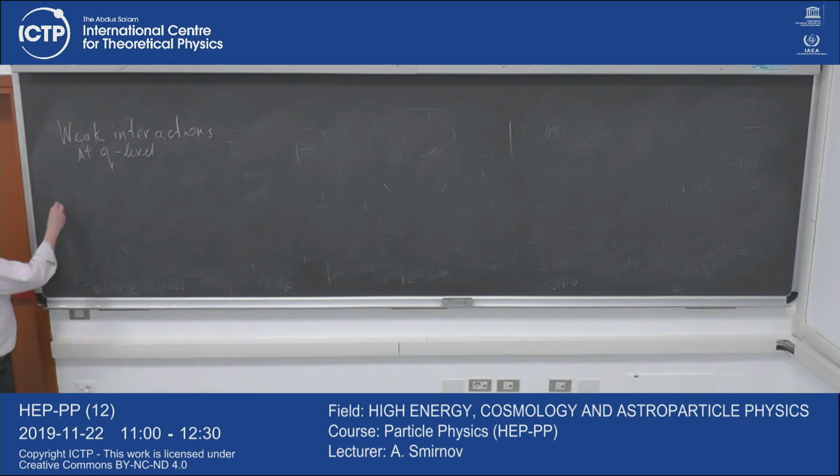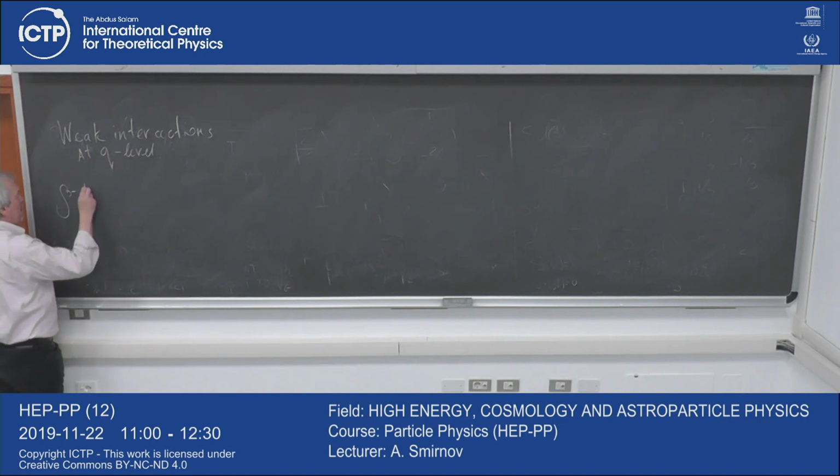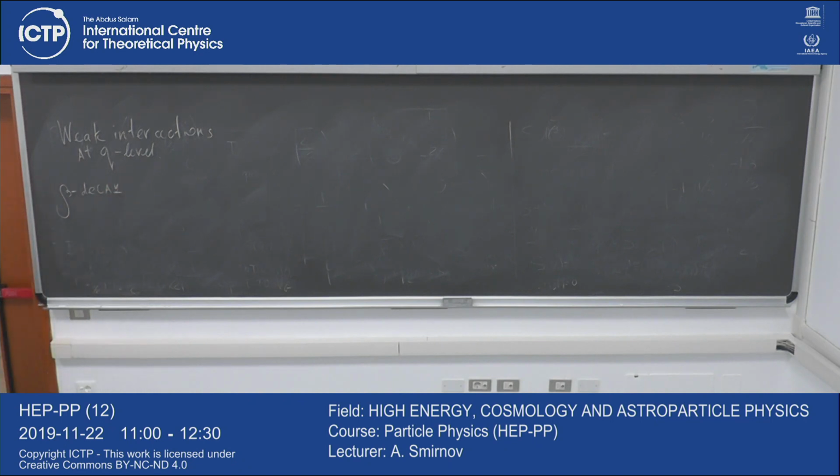So let's start with beta decay. Beta decay is transition of neutron to proton with emission of leptonic pair. And at quark level, it would look like the following.